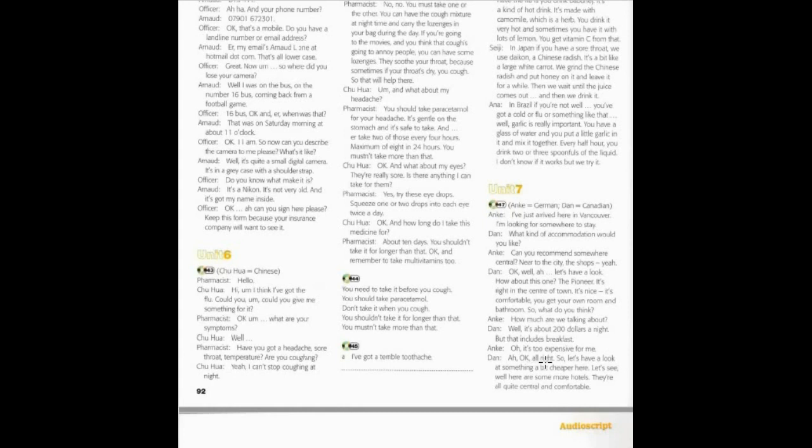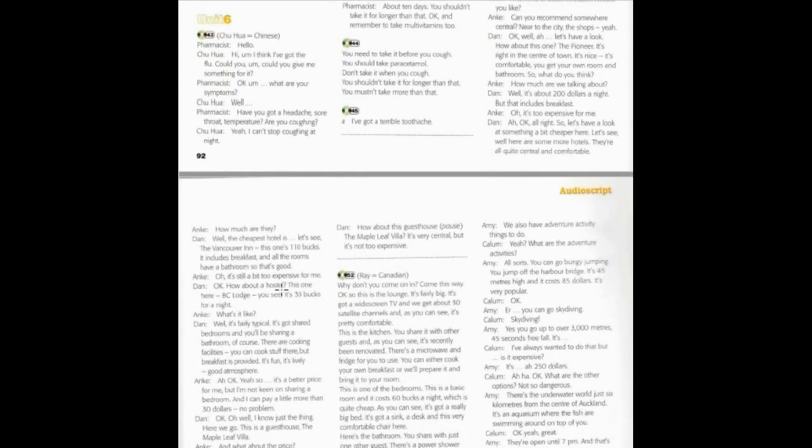Okay. All right. So, let's have a look at something a bit cheaper here. Well, here are some more hotels. They're all quite central and comfortable. How much are they? Well, the cheapest hotel is, let's see, the Vancouver Inn. This one's $110. It includes breakfast, and all the rooms have a bathroom, so that's good. Oh, it's still a bit too expensive for me. Okay, how about a hostel?